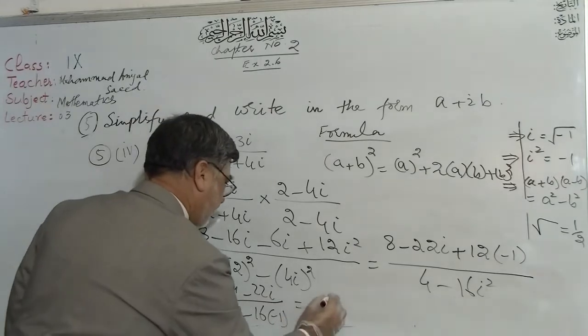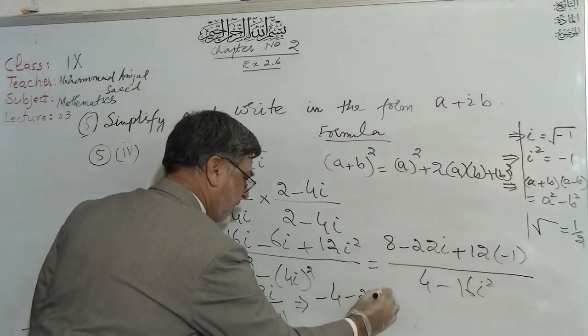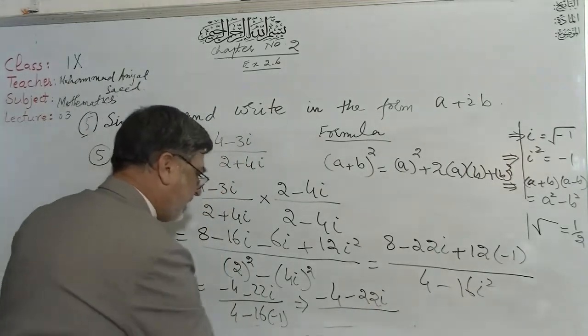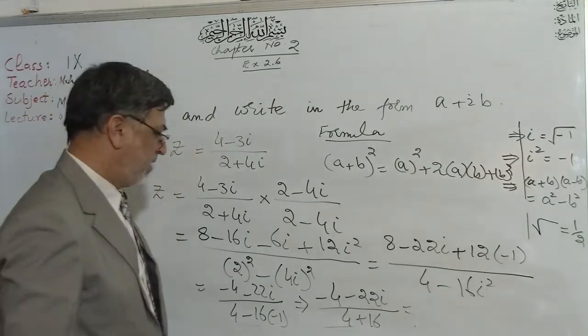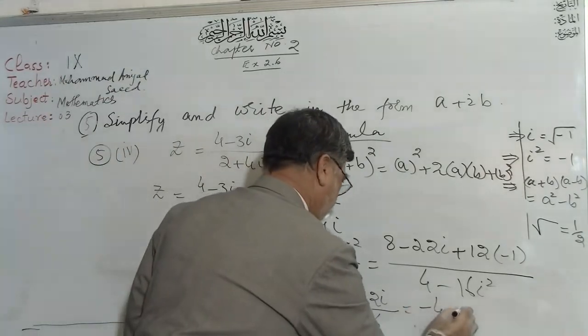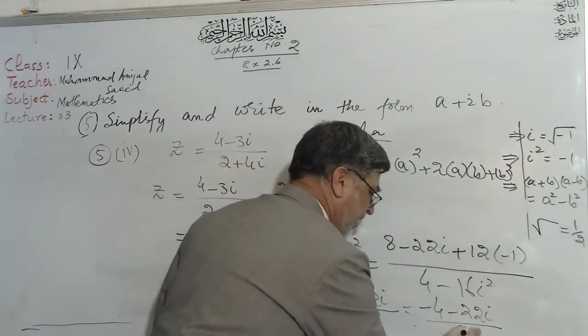Here is minus 4 minus 22 iota divided by 4 plus 16. Here is minus 4 minus 22 iota divided by 20.